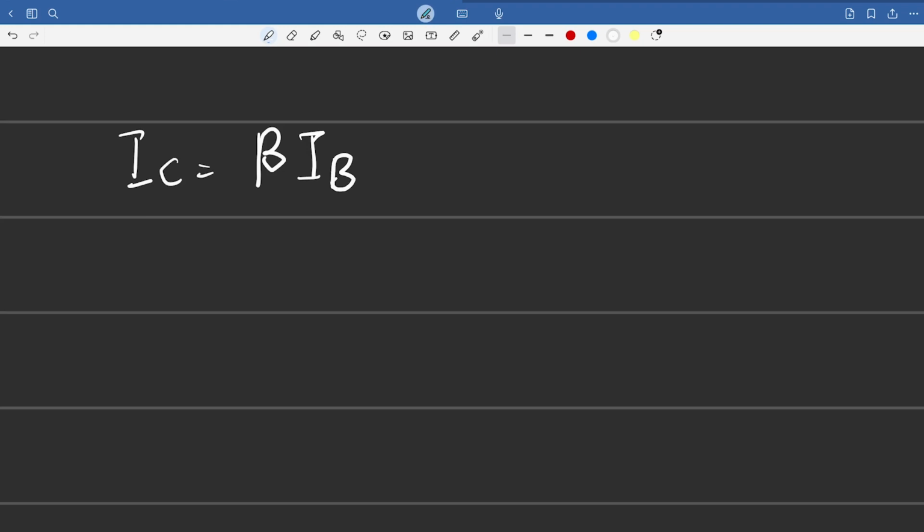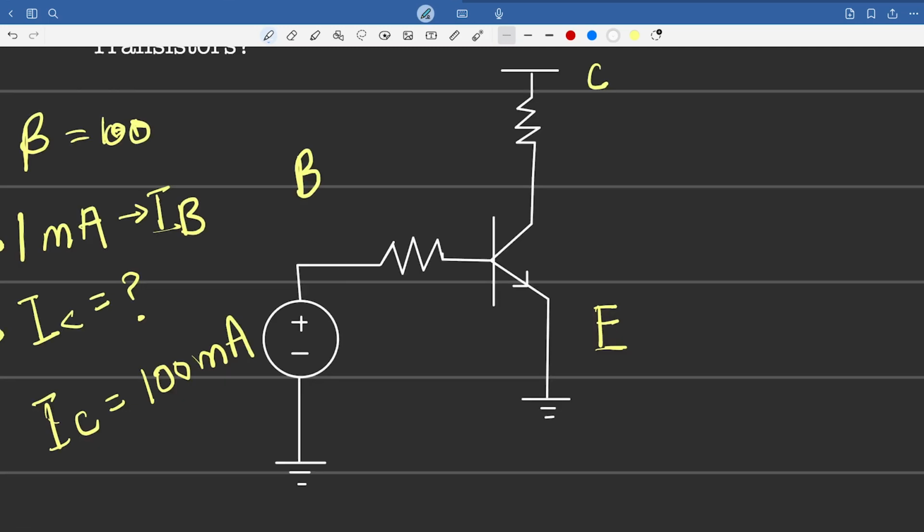This is in the active region, and beta is the gain. Then we also have the formula IE equals IC plus IB. So the emitter current right here is going to be the sum of the collector current and the base current, just normal electrical engineering.